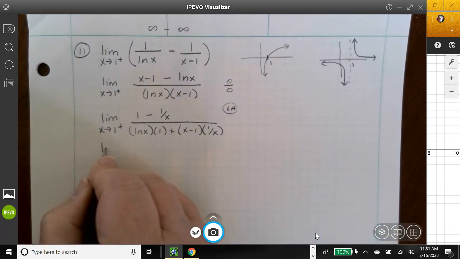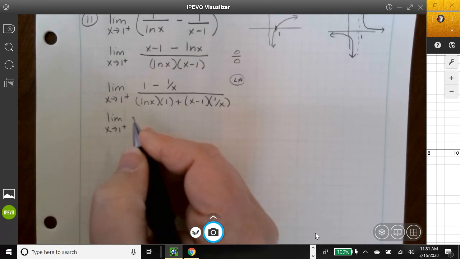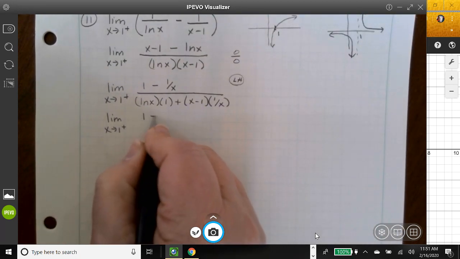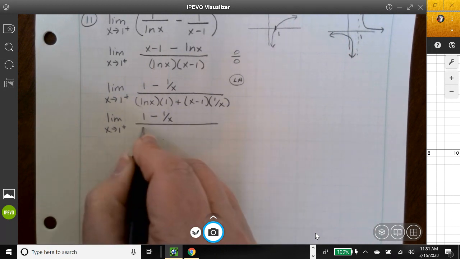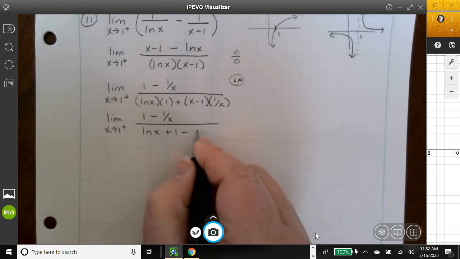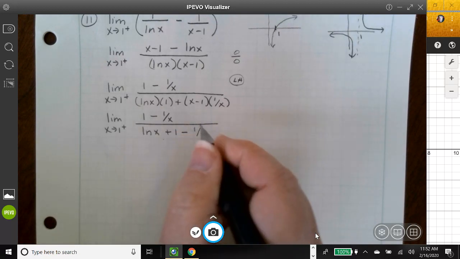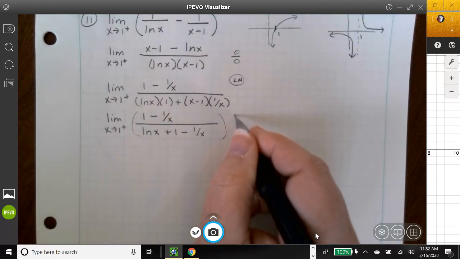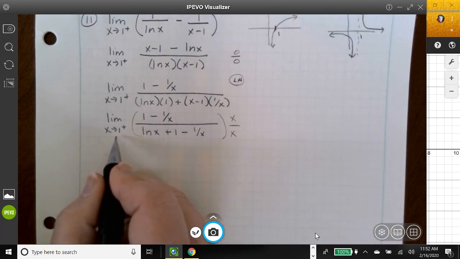So let's simplify a step. The limit as x approaches 1 from the plus side of, well, this is 1 minus 1 over x, and then this is going to be the natural log of x plus 1 minus 1 over x. Now, I don't love to have these double-decker fractions, so I'm going to multiply this by x over x. And I'm okay with that because x is not approaching 0, it's approaching 1.